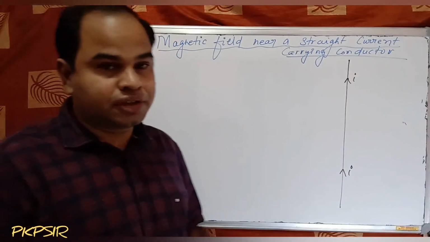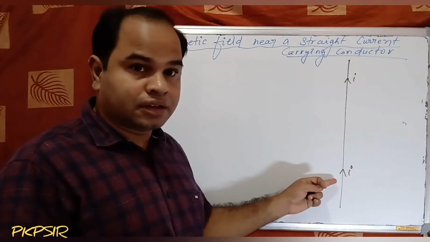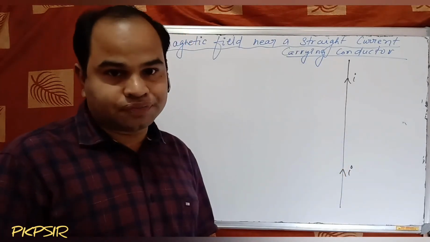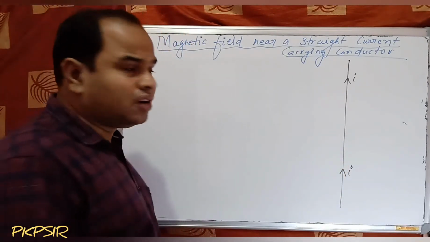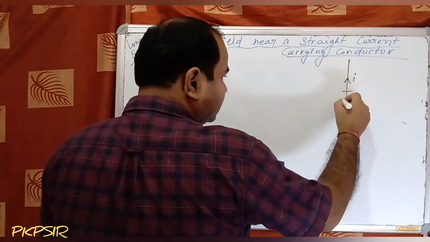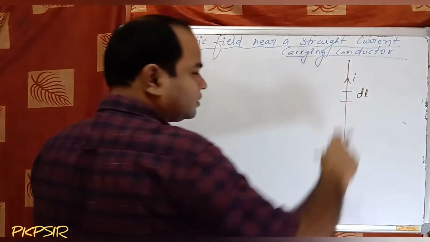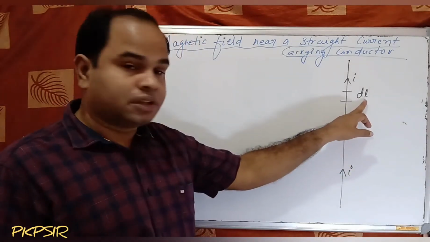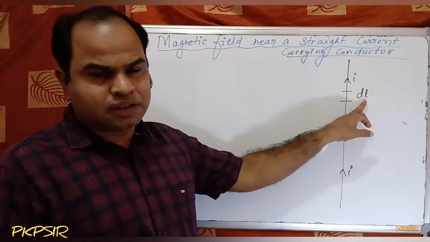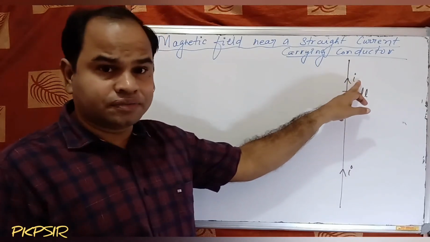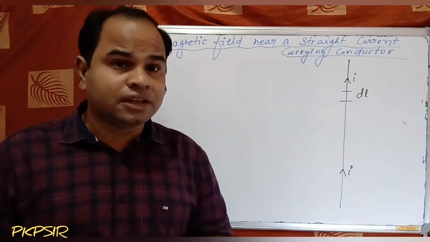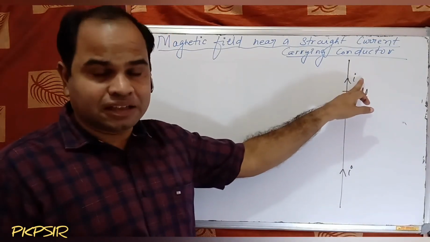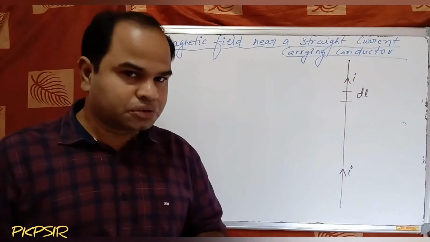Let us take a small length dl of this conductor. This small length dl carries current I, so it is a current element.